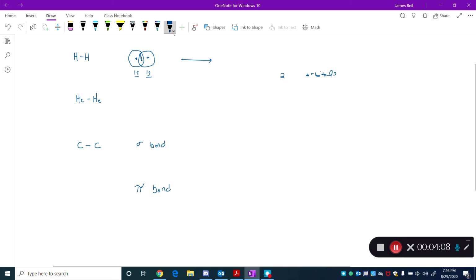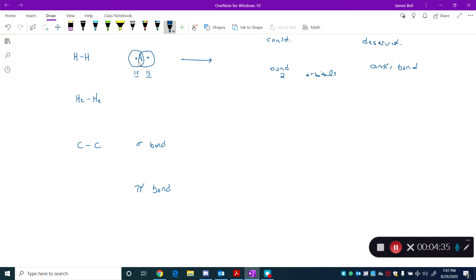Right. So there's always going to be one that results from constructive interference, and there's always going to be one that results from destructive interference, and that will be bonding and anti-bonding. And so, yeah, you're right. And that is a result of the orbitals in reality being waves.